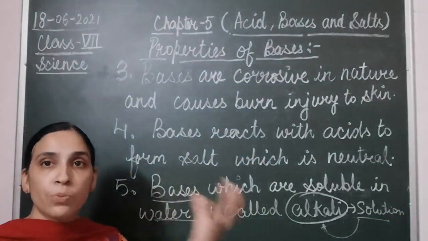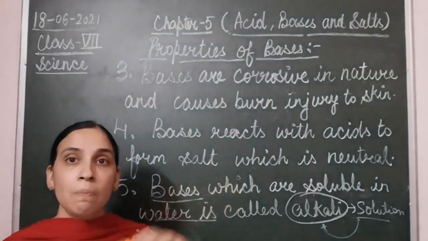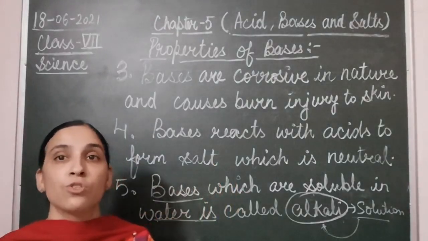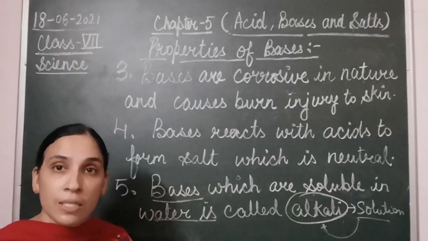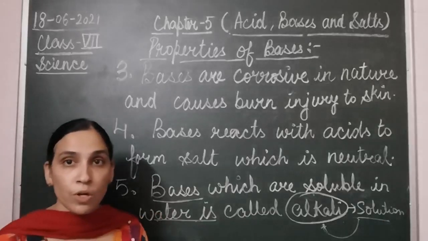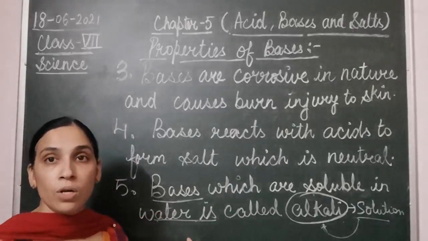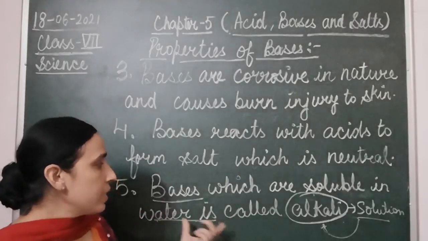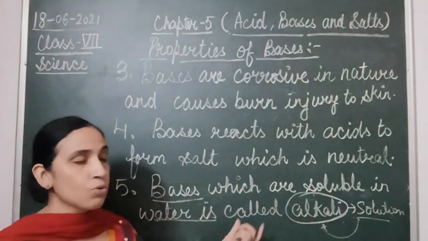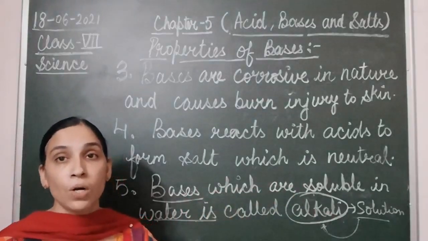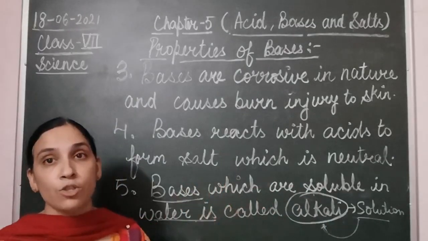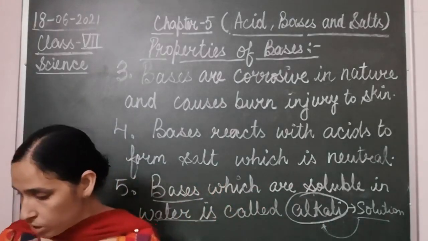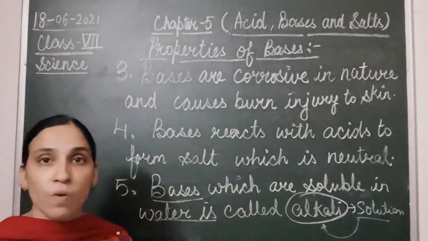Like mango mixed with milk, the complete thing which is formed is known as mango shake. It is not known as mango, it is not known as milk. After completion of the process, the substance you get is mango shake. Similarly, bases which are soluble in water are called alkali. Alkali is the complete solution in which water and bases are both mixed.